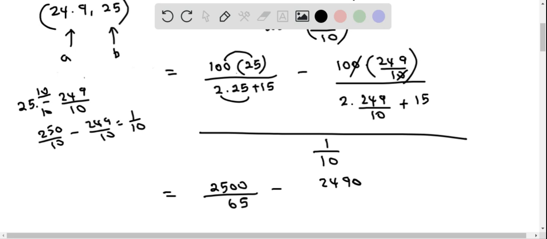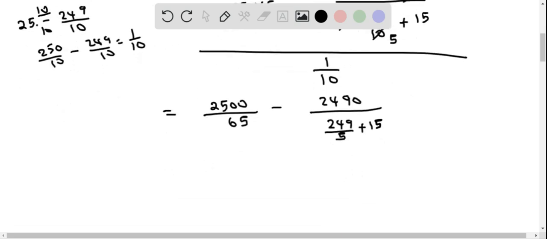We don't have a denominator. So this is over, I can simplify this, it goes 5 times. So we have 249 over 5 plus 15, and this is over 1/10. I can multiply this as 10 by 1 by multiplying by its reciprocal. So let's simplify this. I can reduce this by dividing both numerator and denominator by 5.